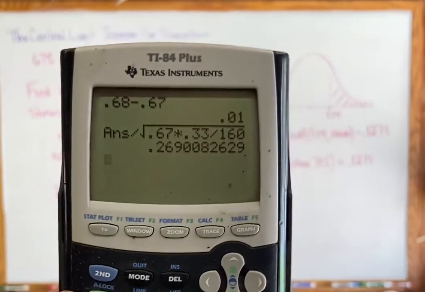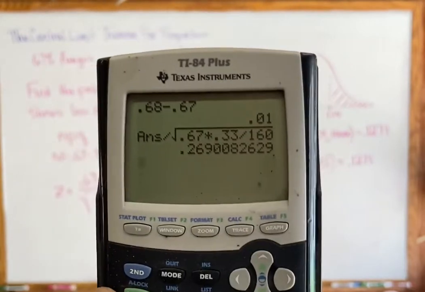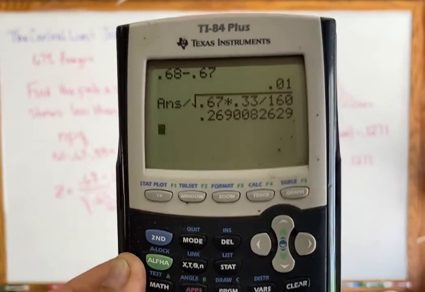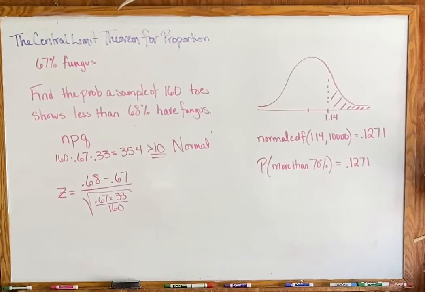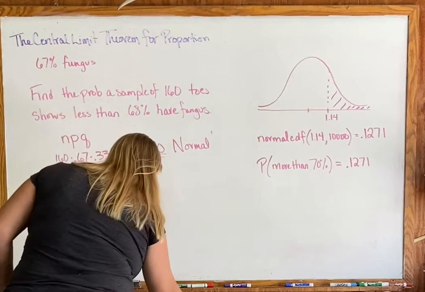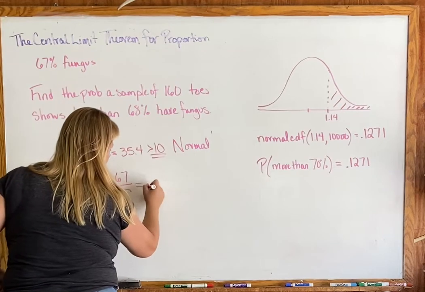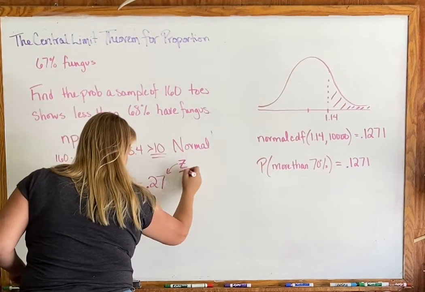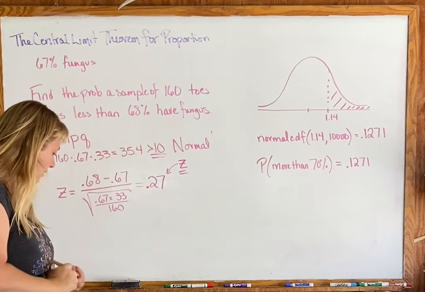Remember, this is a z-score, so this has 2 decimal places. So even though it's in decimal, the z-score is going to be 0.27. So remember, that's z. That's your z-score.